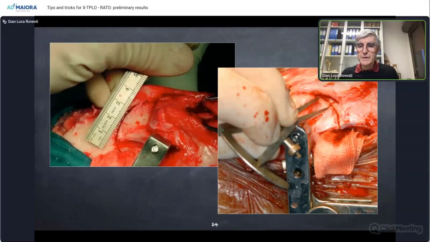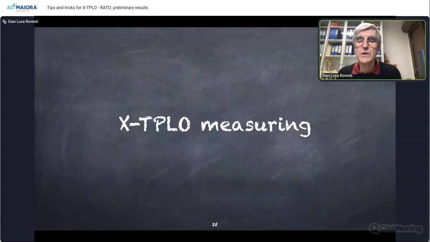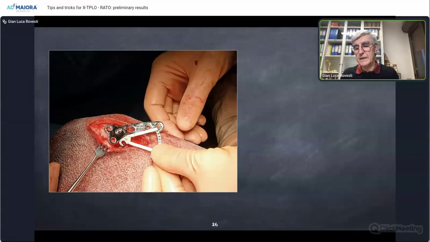Of course, this is a kind of tricky procedure because we change our scale, and with the X-TPLO, we don't need that because the goniometer is used during the procedure, so you can use this intraoperative guide.